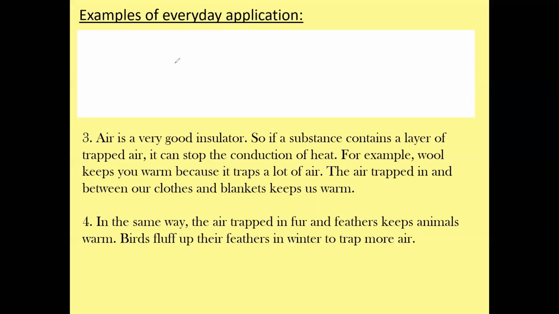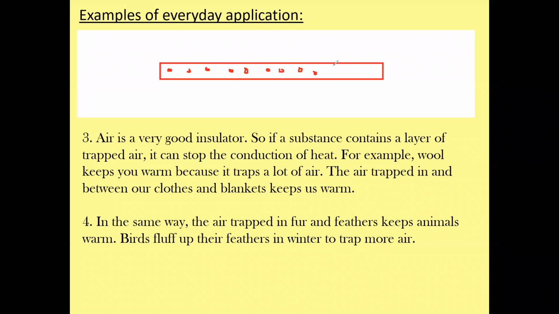So if there's a blanket, it has packets of air, small air regions where it traps the air molecules. And air is a good insulator, it does not allow the heat energy to pass through. So in winter, what happens?